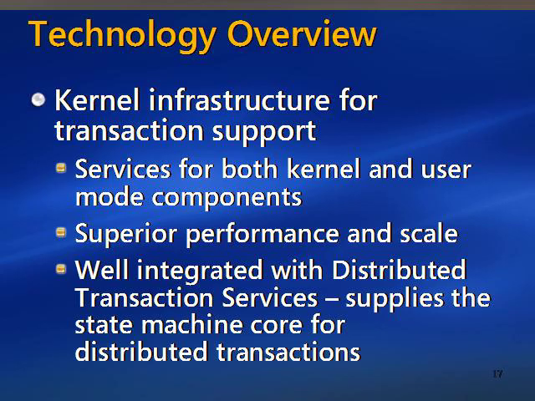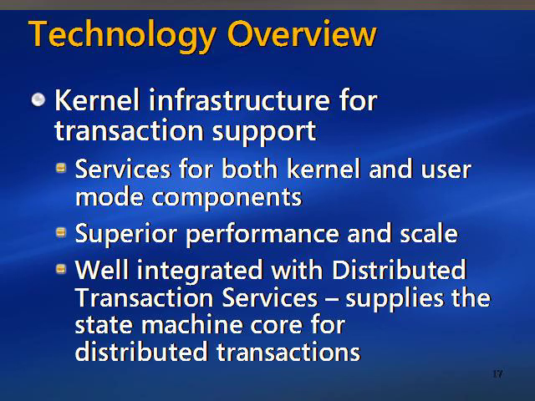The KTM, again, by virtue of the fact that it resides in the kernel, you don't have to do any kind of process context switches to go to some other process context in order to avail of its services. So it scales well, it's very efficient, and it's available to all kinds of clients. And the kernel mode transaction manager is very well integrated with the DTC component.